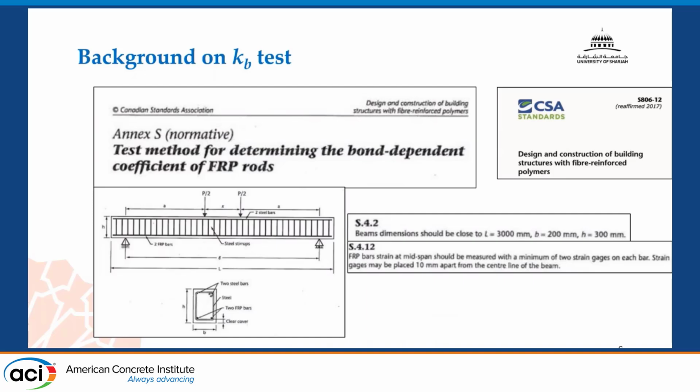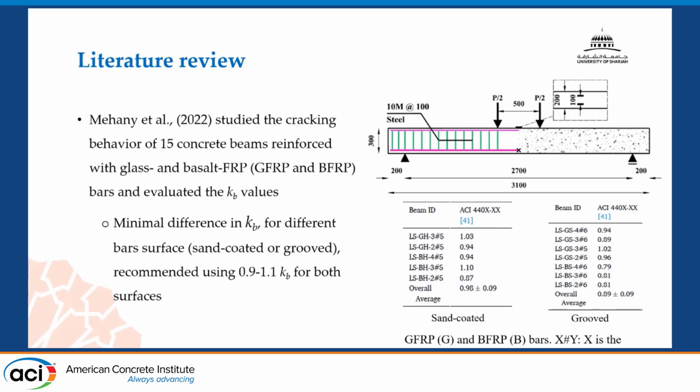I think what is interesting in here is that she's looking into the background test that was done to determine k sub b. And I'm looking in here that she's listing the Canadian standards, Annex S, for the test method for determining the bond-dependent coefficient of FRP rods. Moving into the literature review, she references work by Mehani et al. that is looking at the cracking behavior of 15 concrete beams reinforced with glass and basalt FRP, and how this study was able to evaluate those k sub b values.